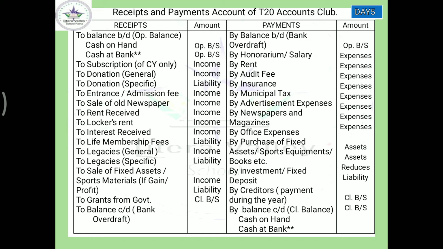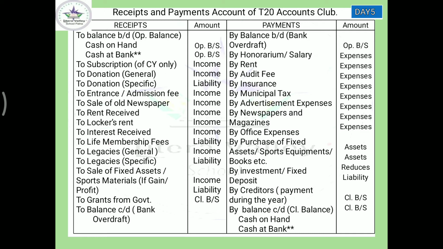So if you can see the receipt and payment account of T20 Accounts Club, on the receipt side it has started with the opening balance of cash on hand and cash at bank. Where will you show it? It will show on the opening balance sheet.